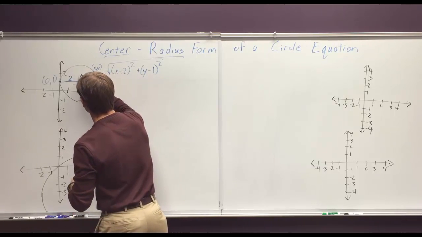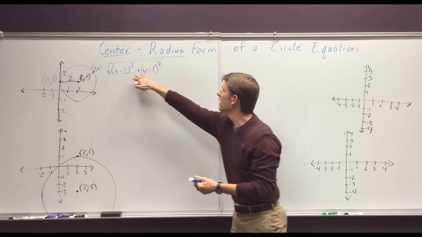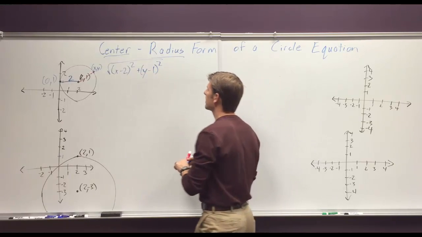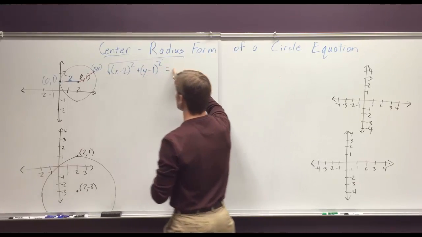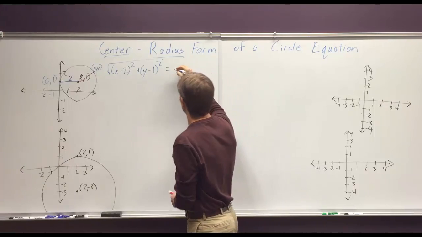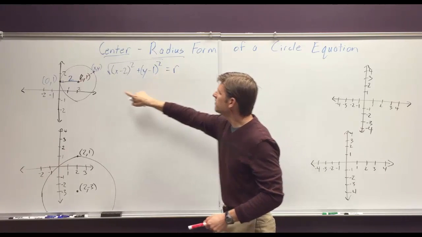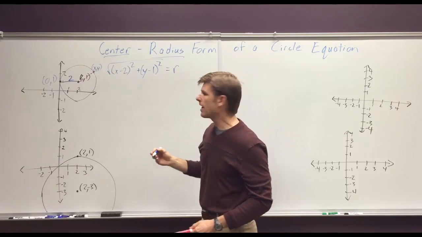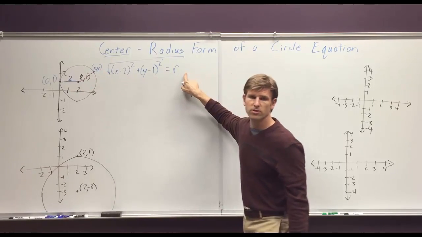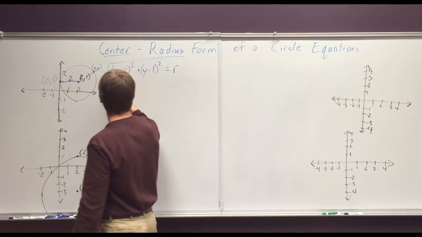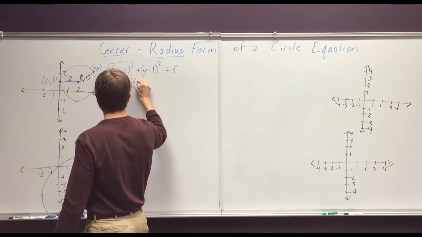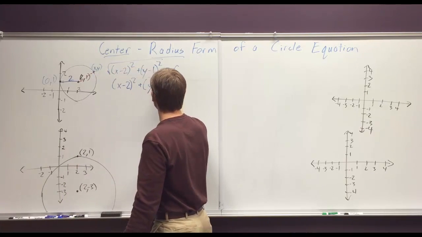So if I'm looking at the distance of that red line, that would be how I'd calculate it. And so that's supposed to be equal to the distance, or on a circle, of course, we call that the radius. So if that's what you have, then the equation for that black circle might be simpler if you just squared both sides. So we would get x minus 2 squared plus y minus 1 squared.